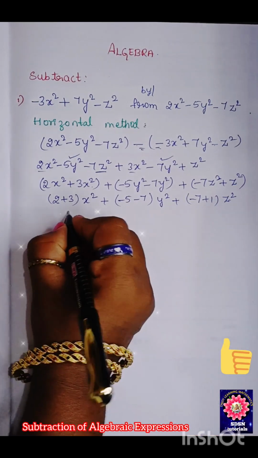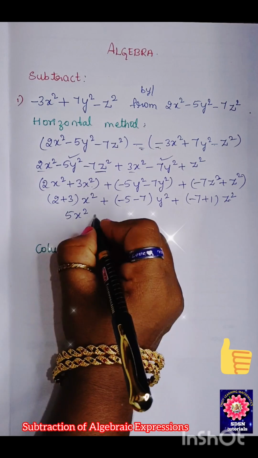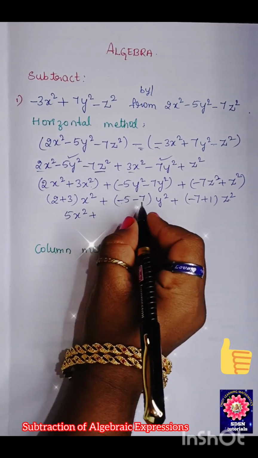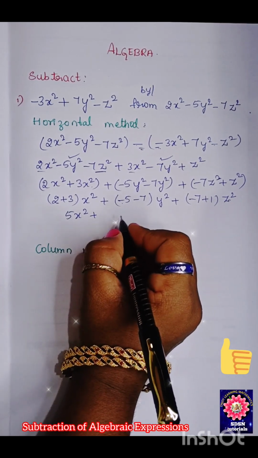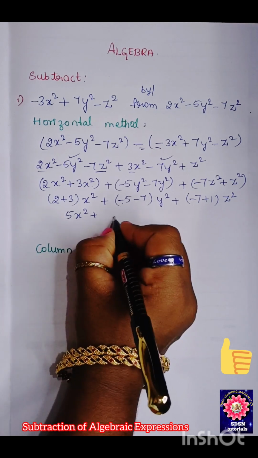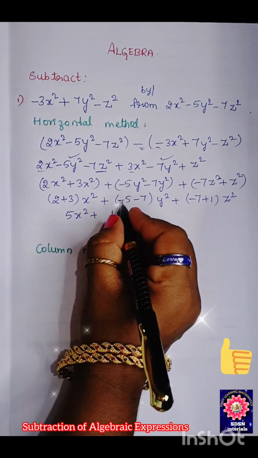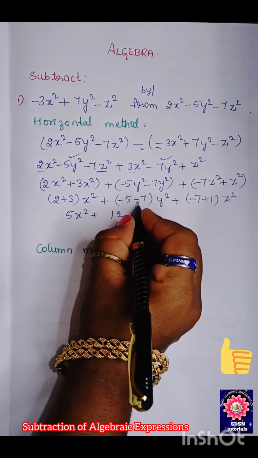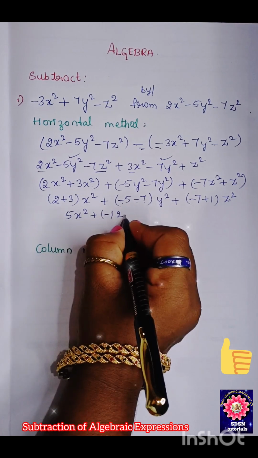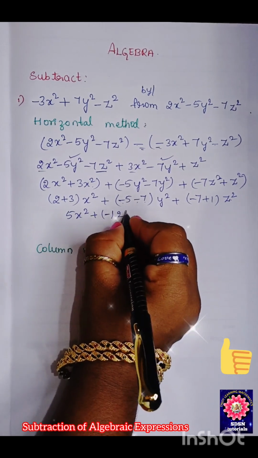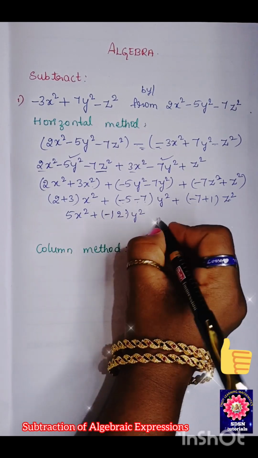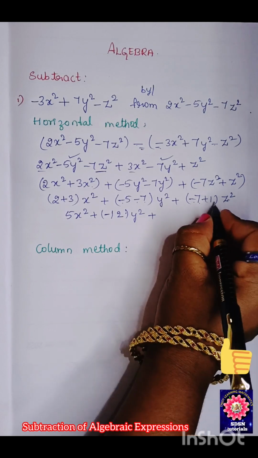2 plus 3 is 5x square, plus minus into minus is plus. We have to add the numbers. 5 plus 7 is 12. Greater number is 7. Sign of 7 is minus. So minus 12y square, plus minus into plus is minus.